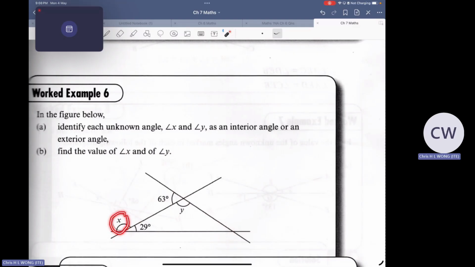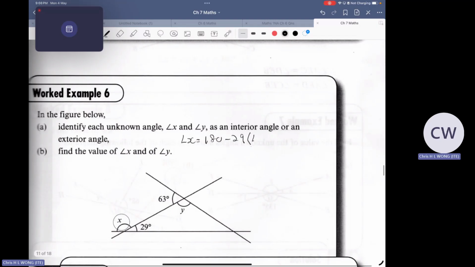All right, you're supposed to find the value of x. You know that this is a triangle with a straight line, okay? So angle x is equal to 180 minus 29. You know that from here is a straight line. I can say angle on a straight line or supplementary angle, up to you.